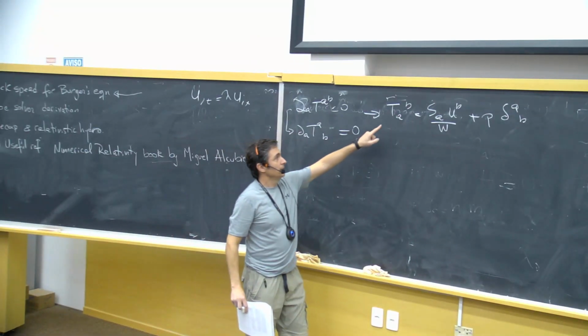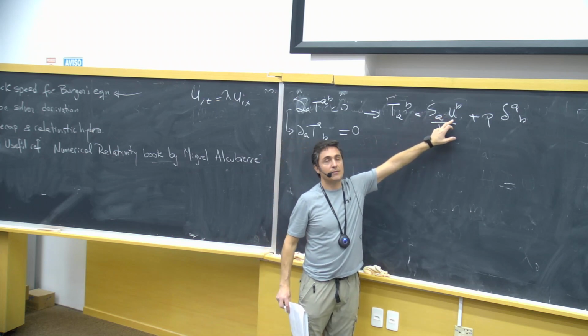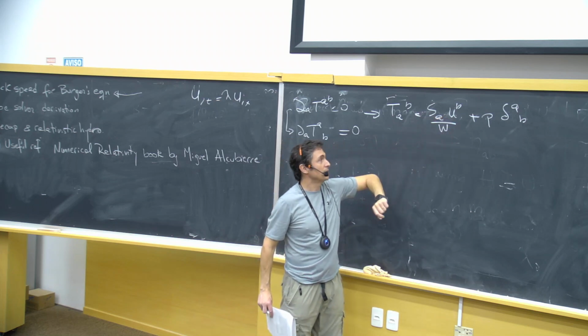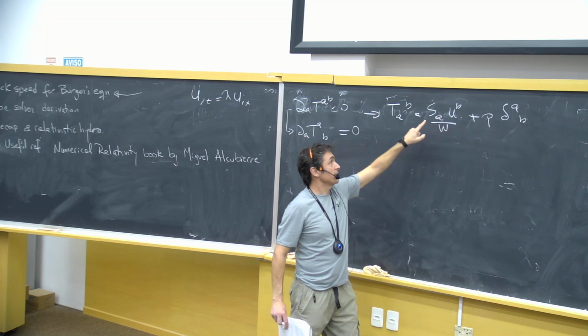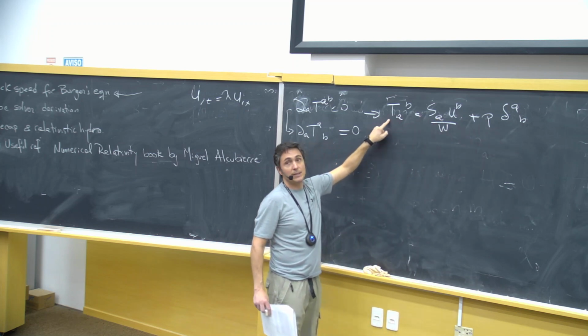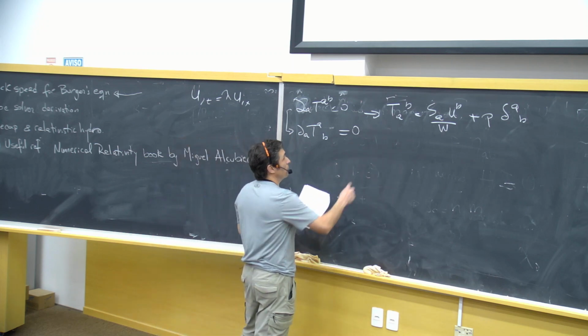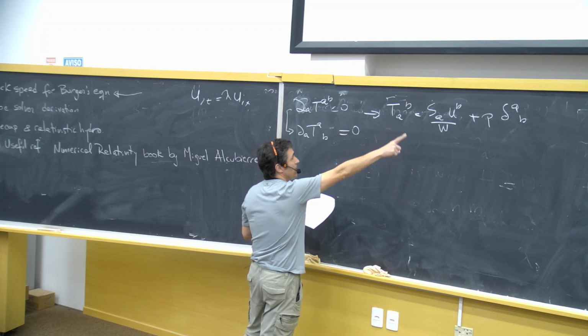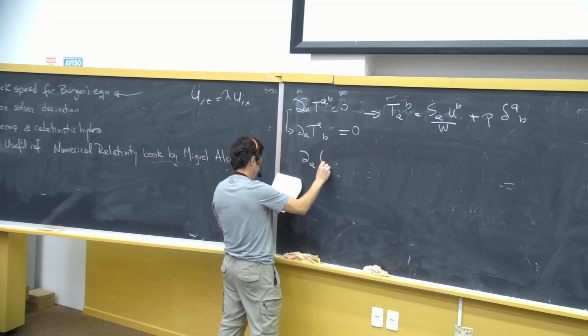I'm taking TAB as a combination of some vector multiplying the vector U, kind of normalizing by the Lorentz factor, and a contribution of the pressure. So this, if you want, is just a definition of this S with respect to T. The reason we're doing that is with that definition, we can replace that in here, and then the equation becomes the following.